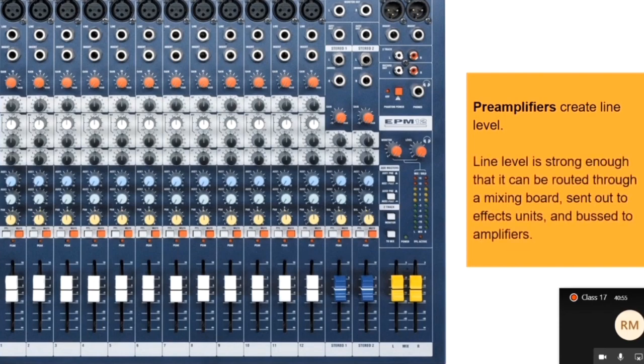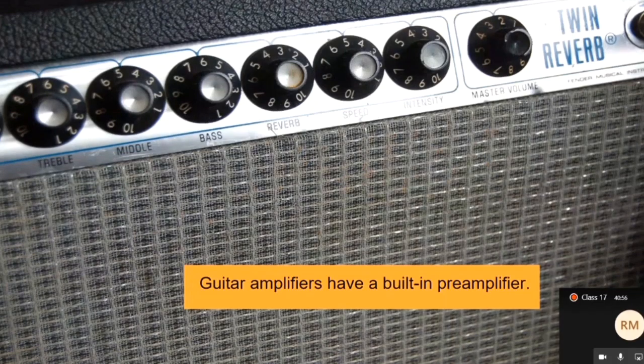If you are an instrumentalist and you play guitar or bass, a preamplifier is built into your amplifier. I tried to find a picture of an amplifier that had the knobs, but on the far right here it says master volume. That's the amplifier proper. But if this picture went further to the left, there should be a gain knob. That refers to the preamplifier, which converts that little weak signal coming out of an electric guitar.